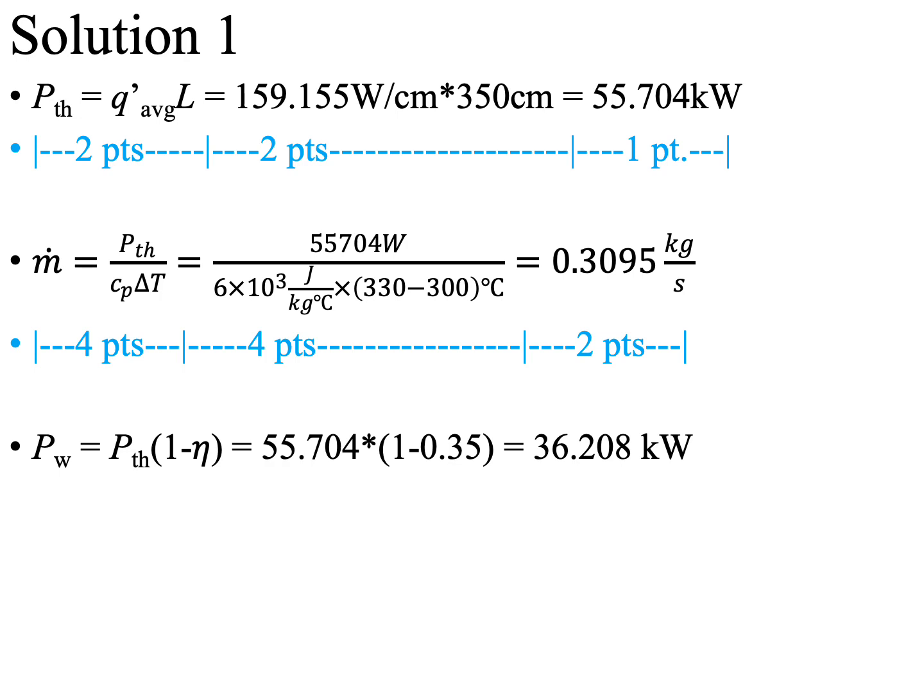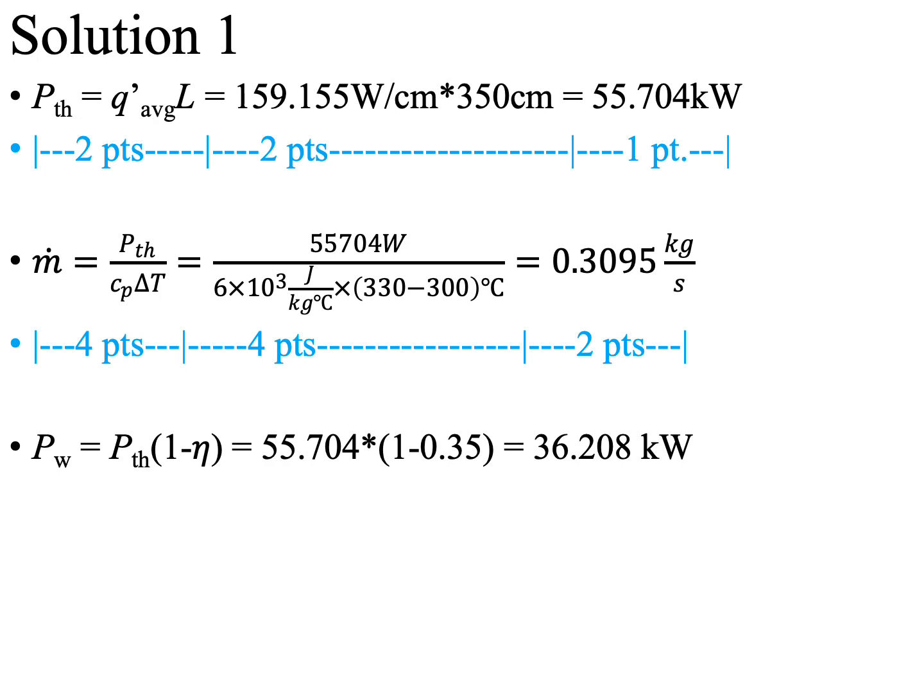This question is fairly simple. You just use the power per unit length, Q prime average, times the total length of the fuel pin. So you get the total thermal power of one fuel pin.